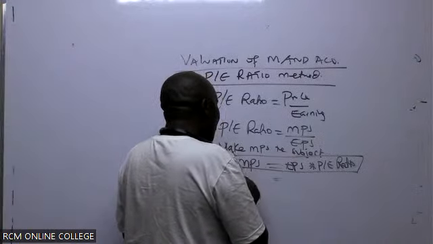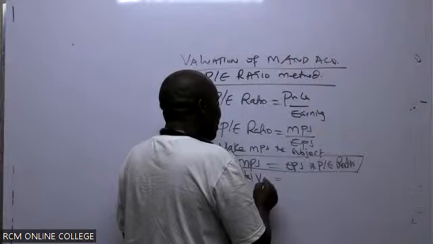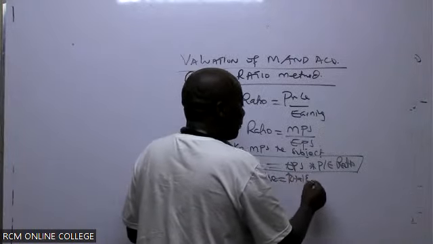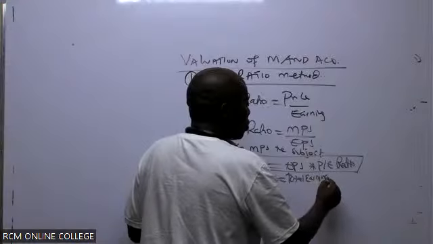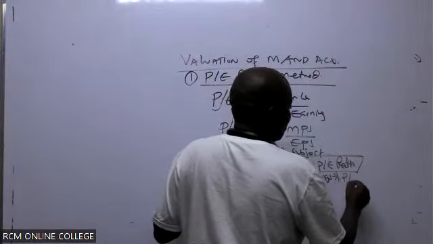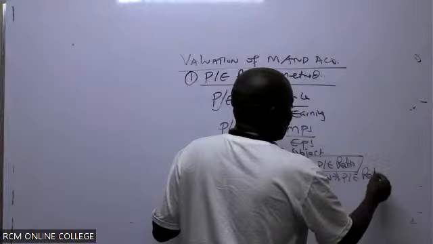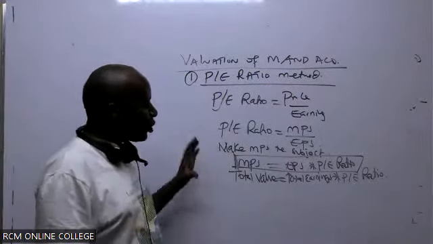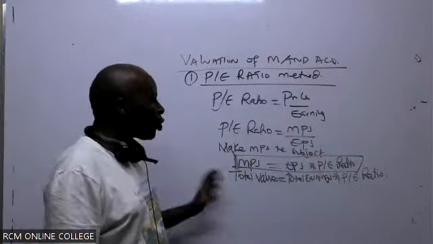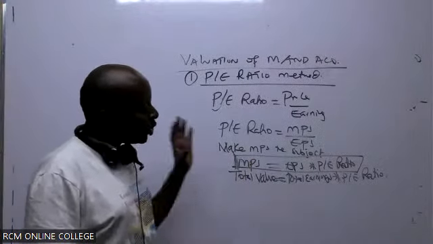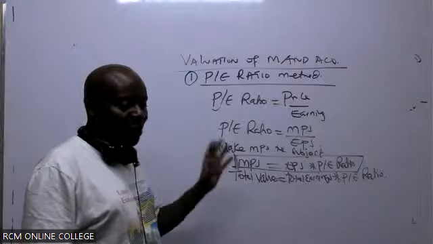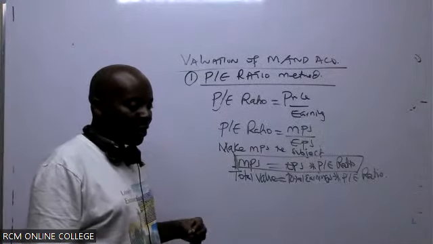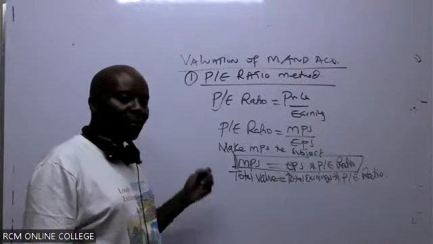Whenever you want the market value of the whole firm, you get total value by taking total earnings times PE ratio. So anytime they want us to give them total firm value, you will take total earnings times PE ratio.